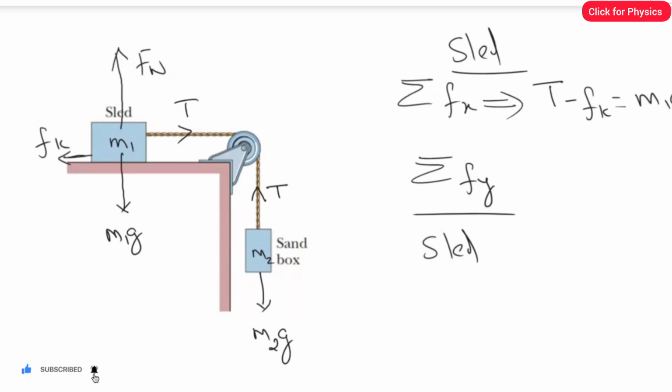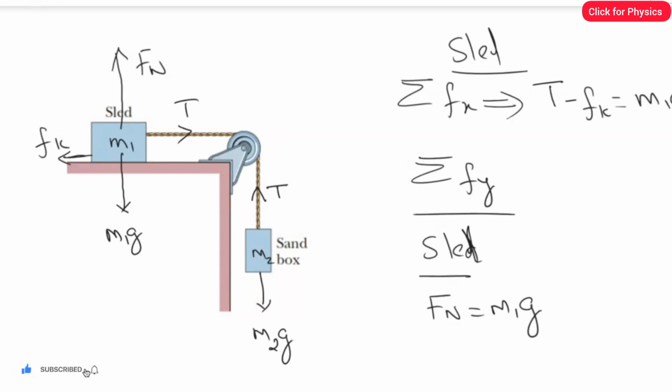So what is the equation for the sled? The most important thing, you can see this part: when you frame the equation, the normal force, that means our upward force, is equal to the downward force. Am I right? So Fn is equal to M1 multiplied by g.